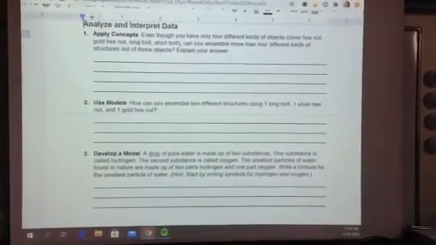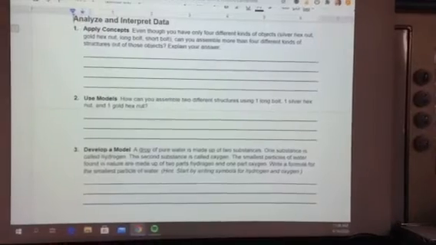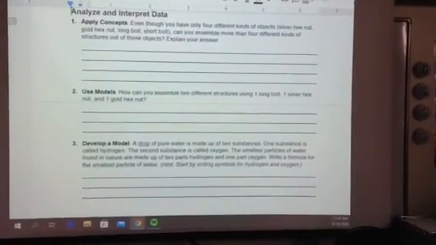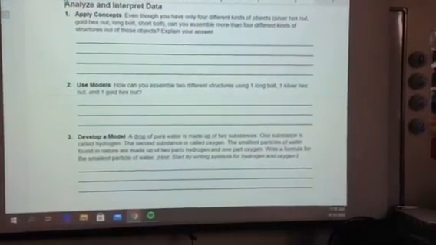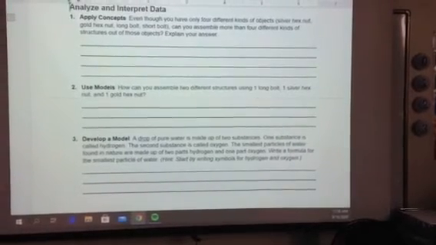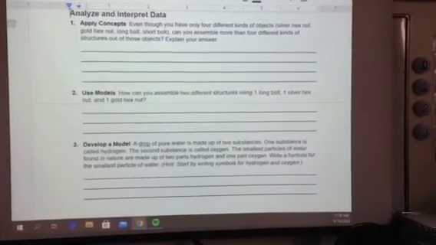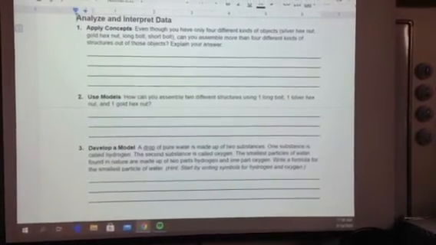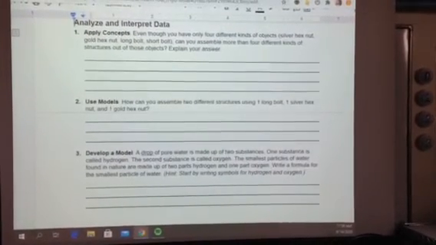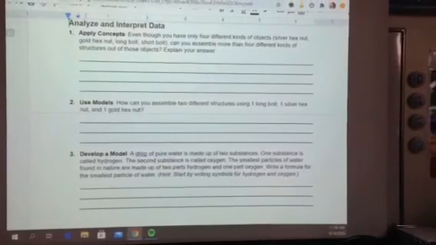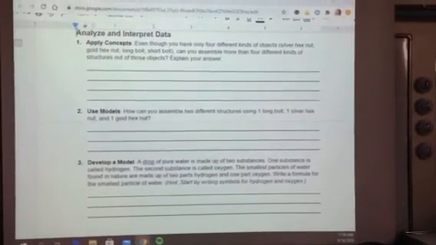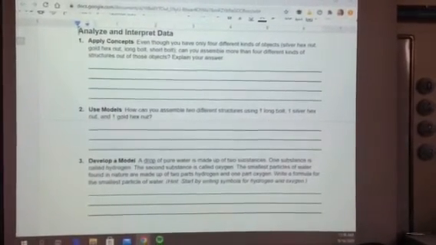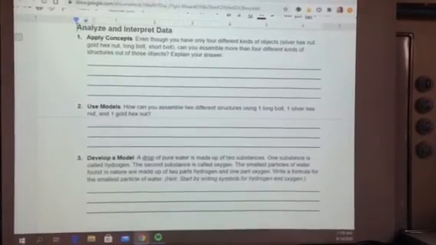Lastly, number 3 says, develop a model. A drop of pure water is made up of two substances. One substance is called hydrogen. The second substance is called oxygen. The smallest particles of water found in nature are made up of 2 parts of hydrogen and 1 part of oxygen. Write a formula for the smallest particle of water. Now here's a hint.